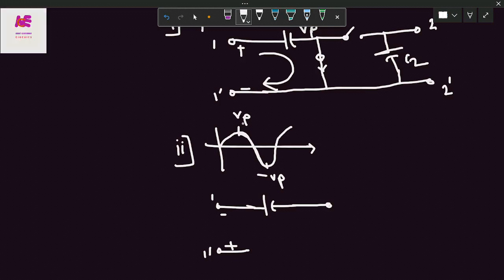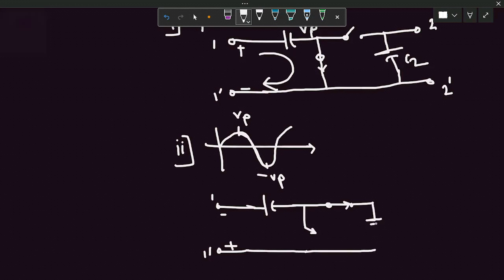As the voltage changes from Vp to minus Vp, the diode D2 goes into the forward biasing, as this voltage is negative and is connected to the cathode of the diode, and diode D1 will be in off state. The circuit will be like this.